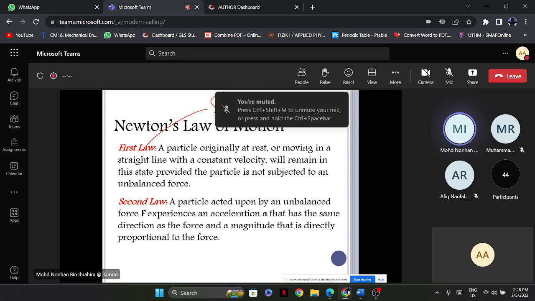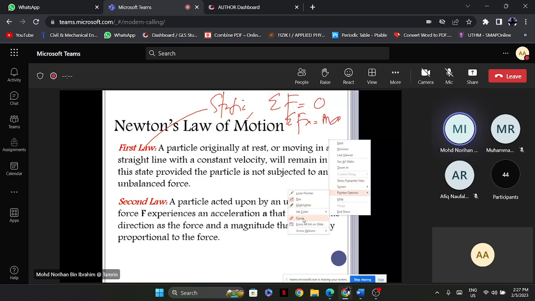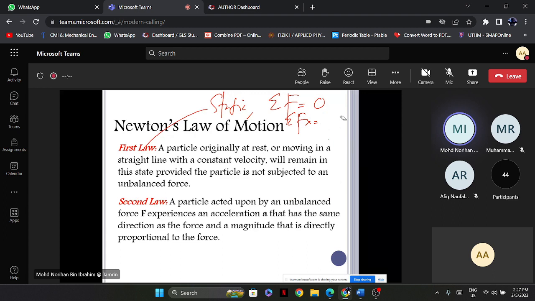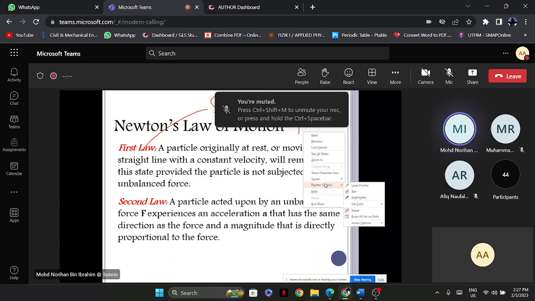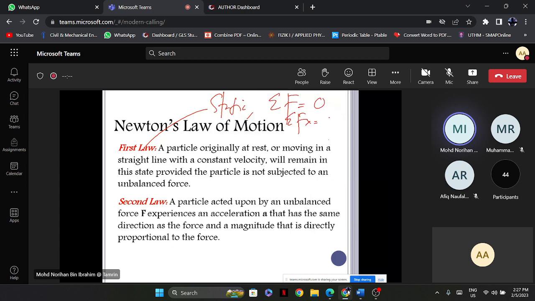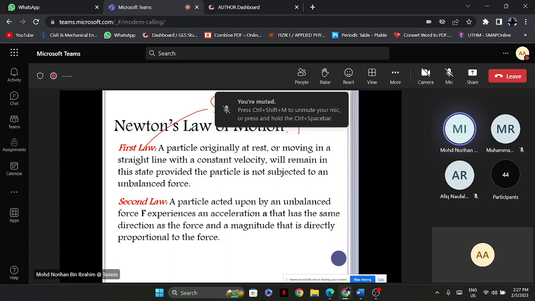If we consider the XY plane, then we need to write it down as the sum of Fx is equal to 0 for the x-axis, and the sum of Fy is equal to 0 as well for this equilibrium, which relates to the first Newton's law of motion.